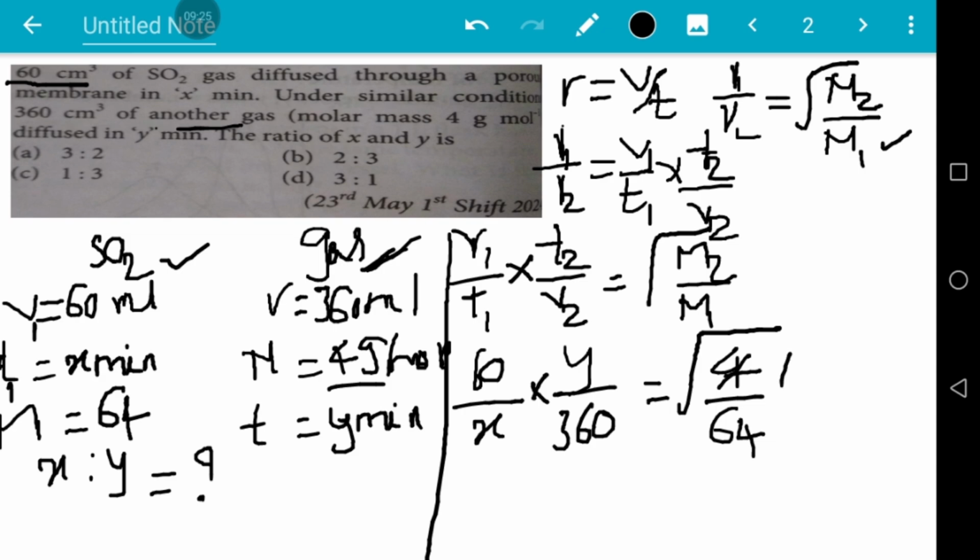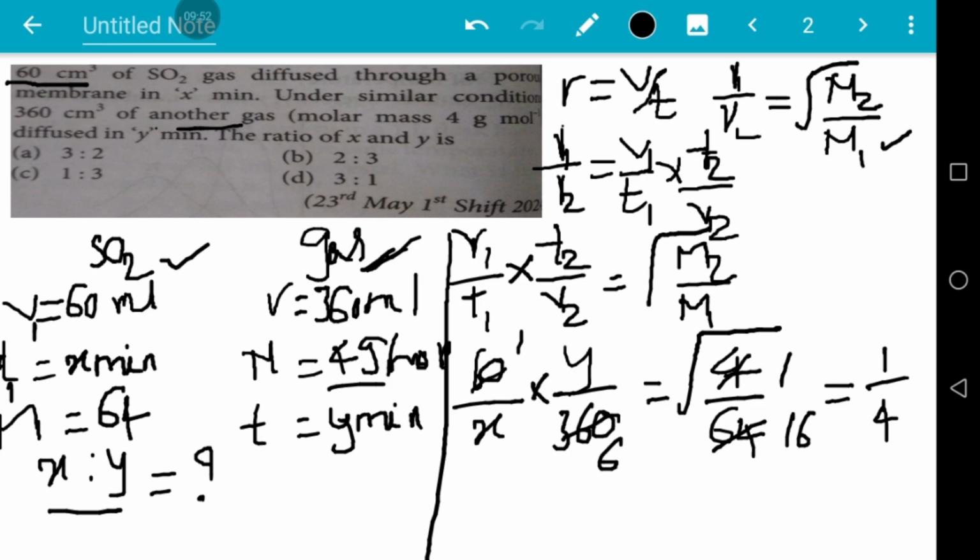Now cancel it: 64 ones 4, 16. So 1 by root over 1 by 16, what is the value? 1 by root 16, that is 4, so 1 by 4. Now they are asking X is to Y. Here, cancel 6 with 60. If you turn the 6 to that side, then Y by X will come.